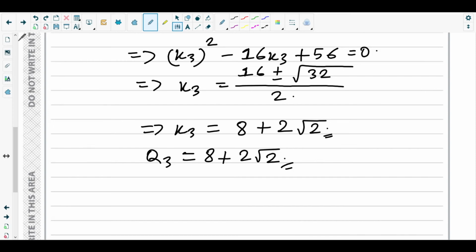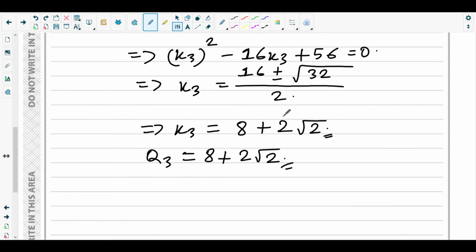That's it. So Q1 is 2 square root of 2, and Q3 it's what? Wait a minute. 8 plus, the upper limit is 8. So if you consider the negative value, 8 minus square root of 32 over 2, it gives 1.171.